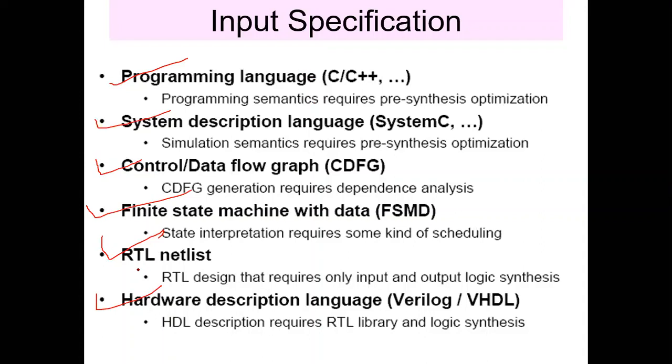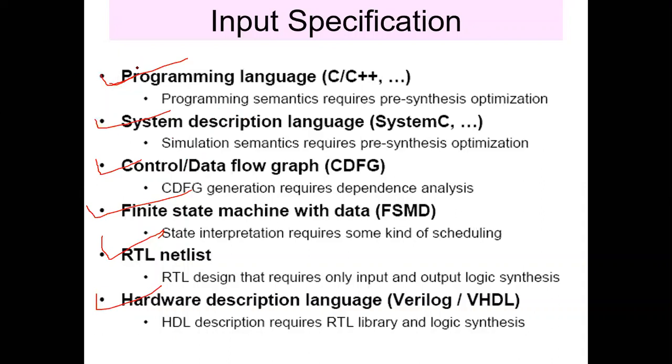In the next slides we will see how these instructions will be executed, or how we can specify a particular functionality using any of these methods. That we can cover in the next class.